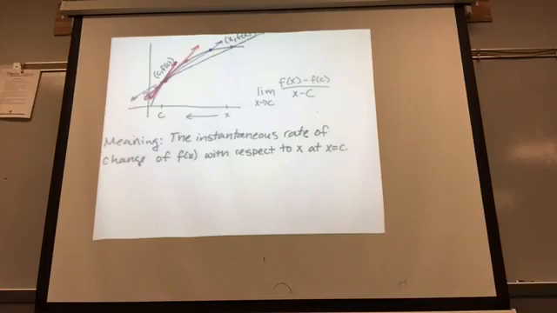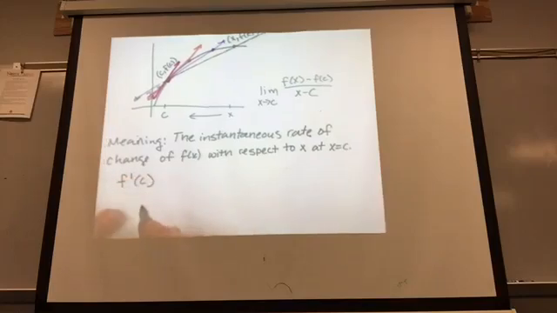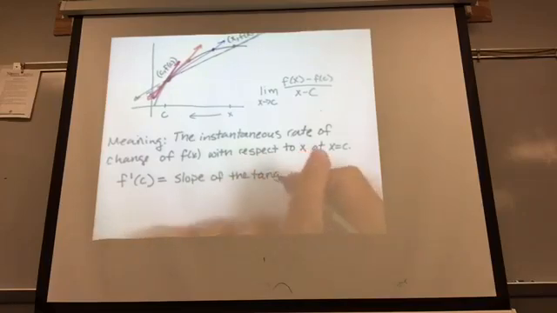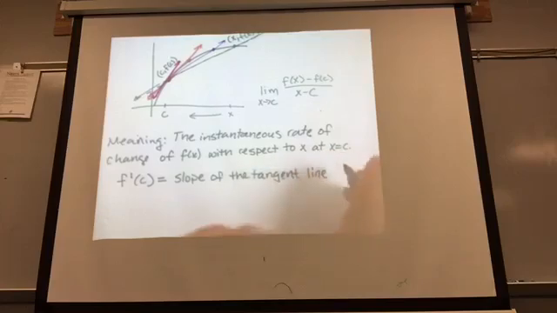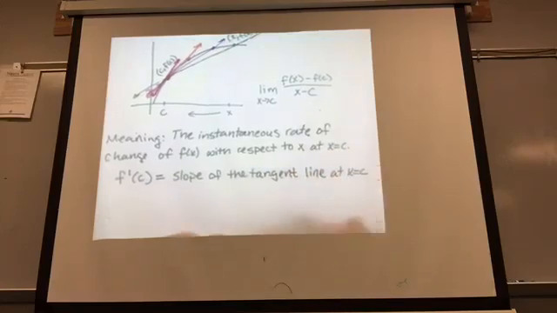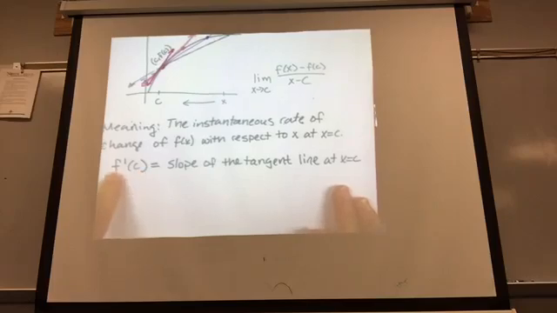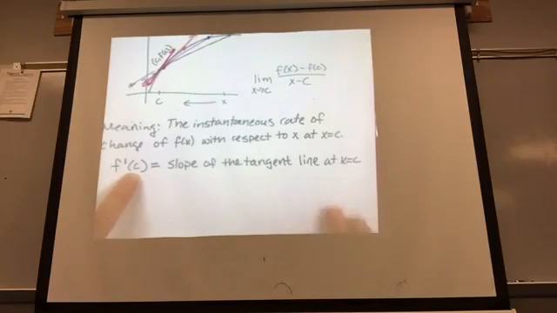I have a couple of different ways I can notate this. I can write it as f prime of c, and this is the slope of the tangent line. The tangent line is at one point, it's instantaneous, at x equals c. That's my x value that I'm finding the instantaneous rate of. So f prime of c is the derivative, or the instantaneous rate, or the slope of the tangent line. We have all these different words for just finding the slope at one point.